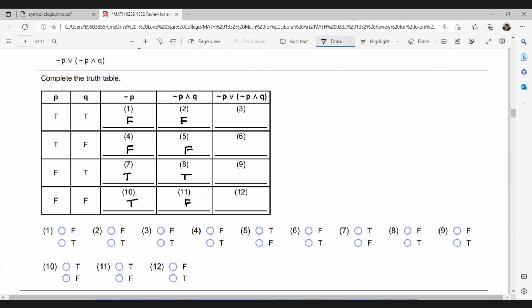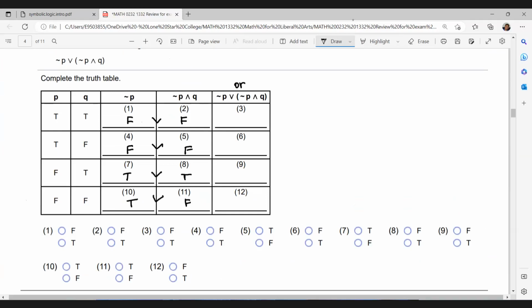And now we say, let's see, take everything in this column here, connect it with this column here using the connective or. So we're connecting all of this with all of that using the connective or.